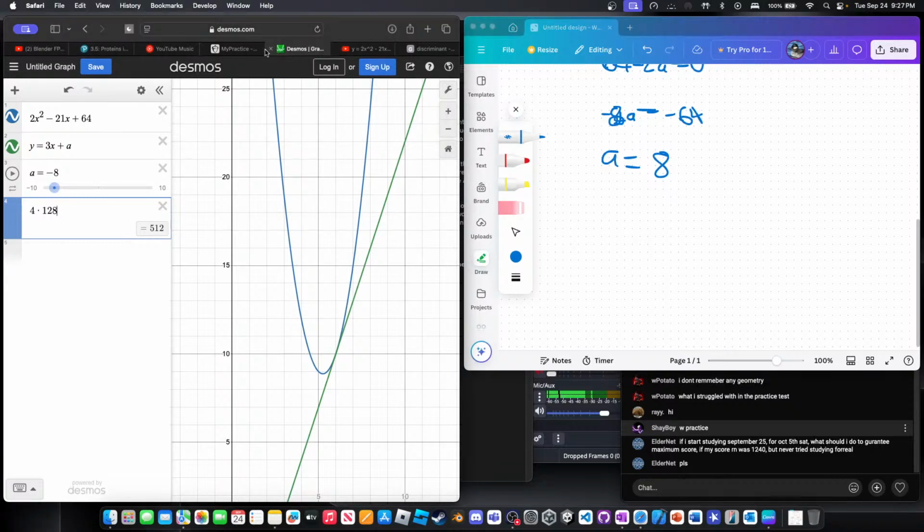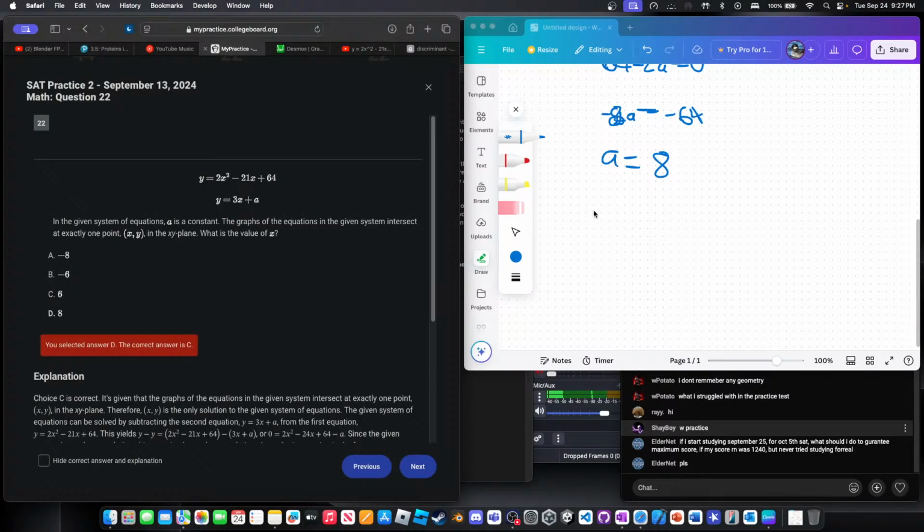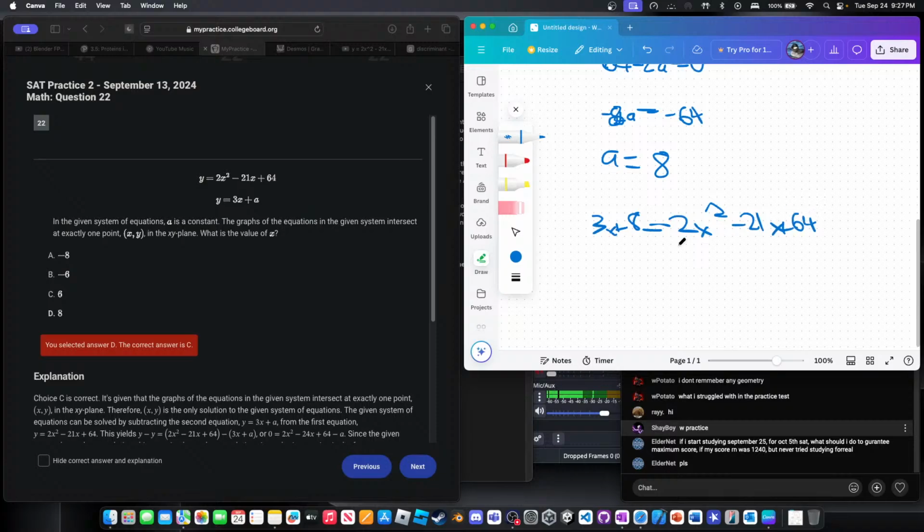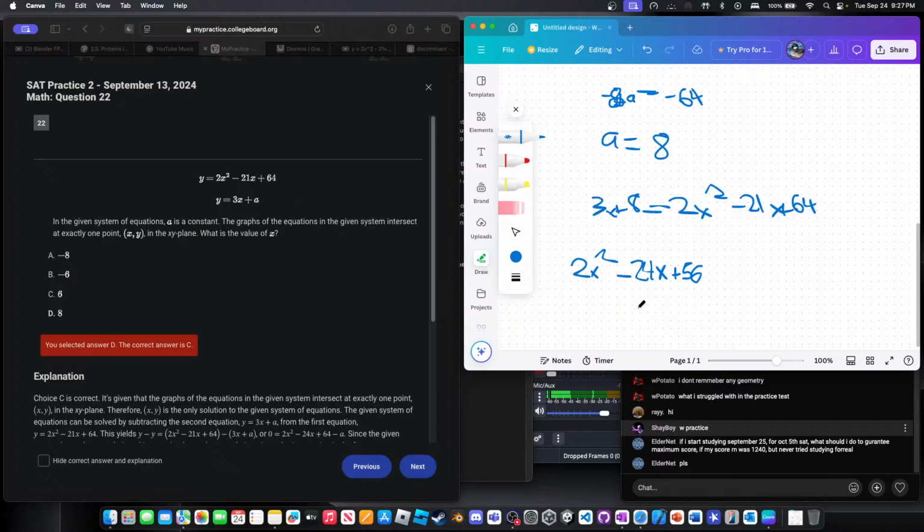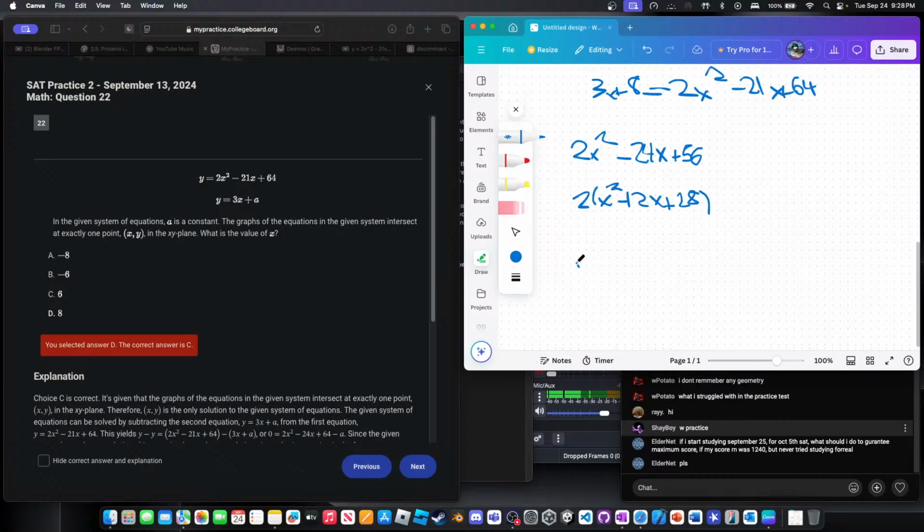Okay, so now that we know it's 8, x plus 8 is equal to, speedrun this real quick, 2x squared minus 24x plus 56. Take 2 out. x squared minus 12x plus 28. That looks a lot better now.